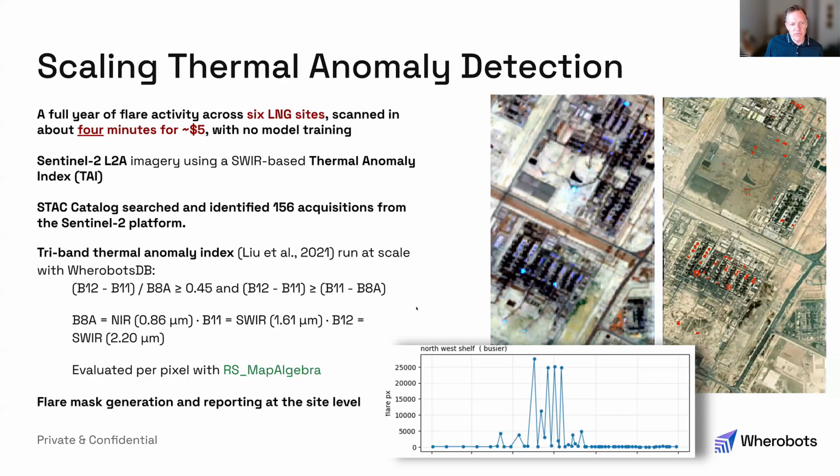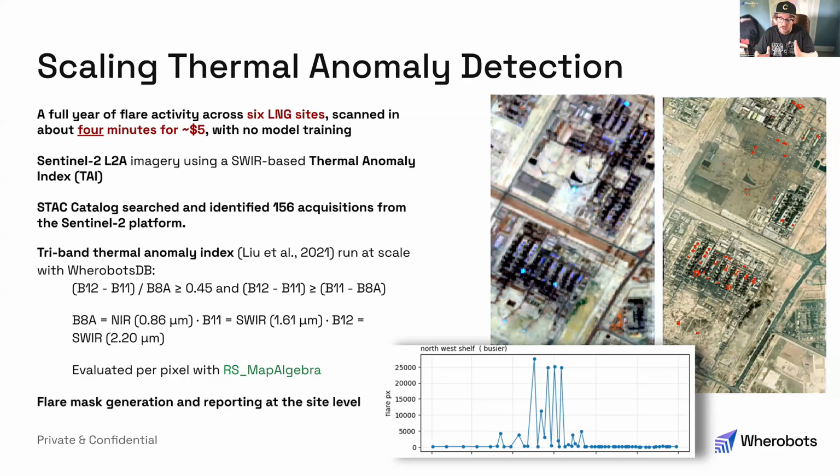Daniel, maybe restate the overall scale and performance we're seeing for the sites you showed here with this slide. Yeah, perfect. The headline here is 6 LNG sites and an entire year's worth of imagery analyzed for $5 in 4 minutes, right?